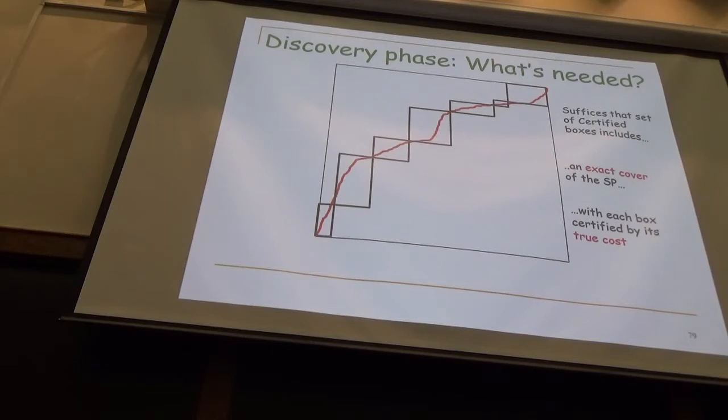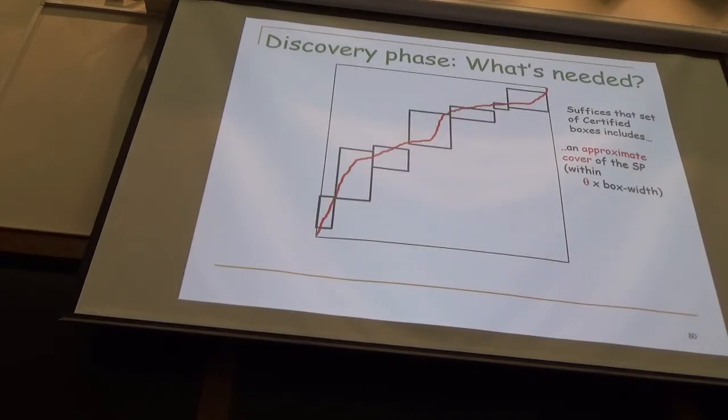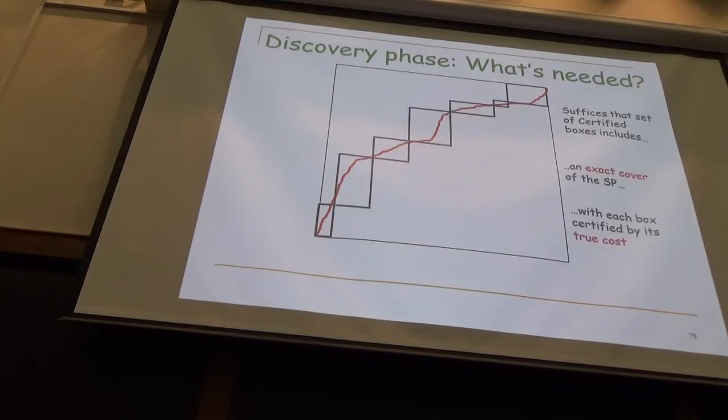And if each of these certified boxes is a pretty good approximation of the edit distance, then when I piece them together, if I put in the shortcut edges, those shortcut edges will form a path. And if everyone is certified by its true cost, that path will have cost exactly the edit distance.